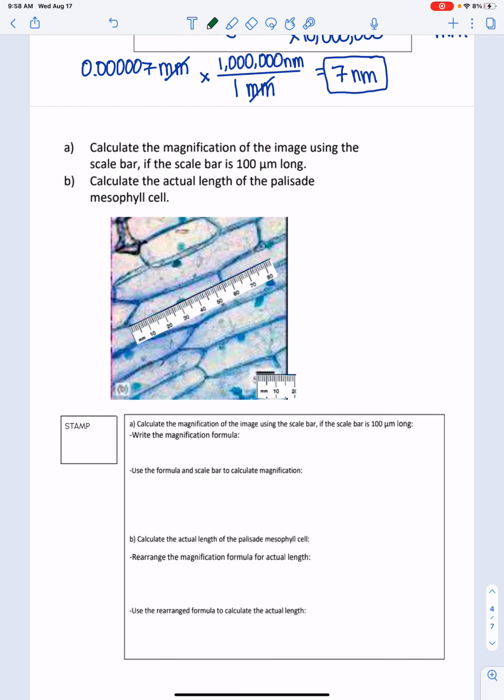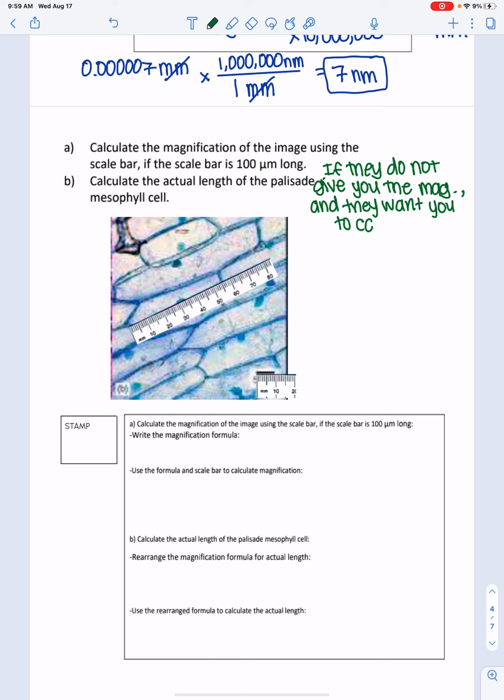If they do not give you the magnification and they want you to calculate the actual size, there's a few steps that you can do.